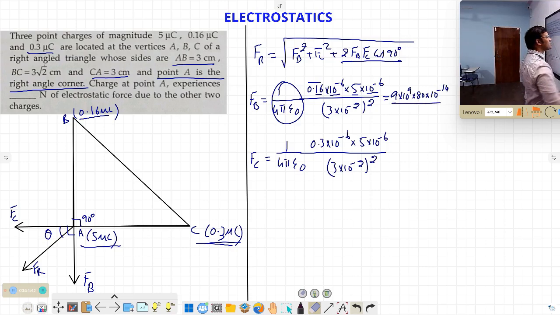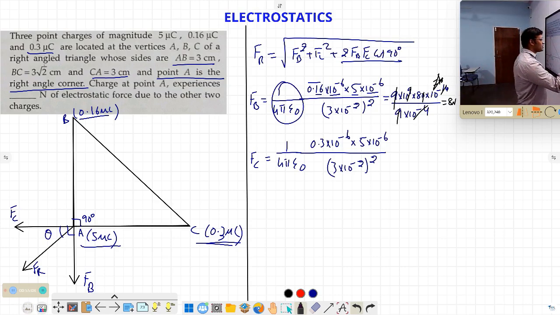Next the denominator is 9 into 10 power minus 4. What can I cancel here? The 9 gets cancelled, and 10 power minus 4 against 10 power 9 leaves 10 power minus 1, and the zero cancels. How much do you get? You get 8 newtons.